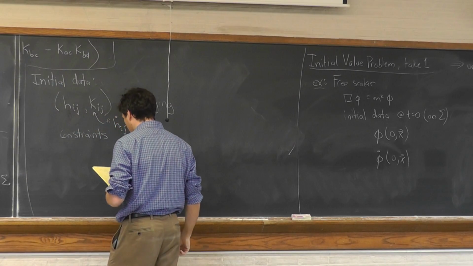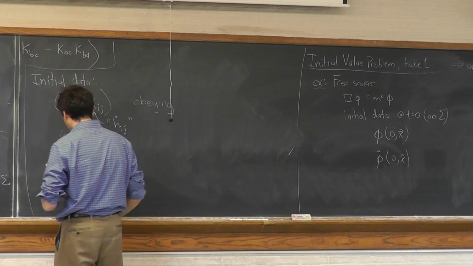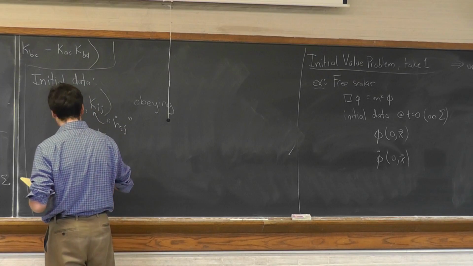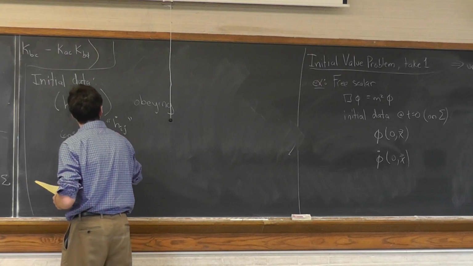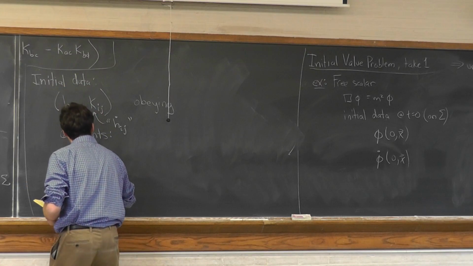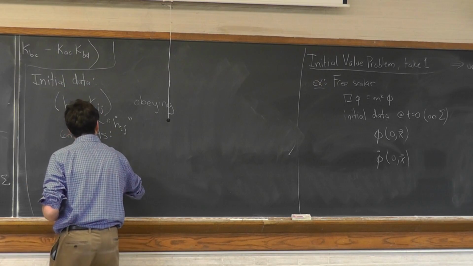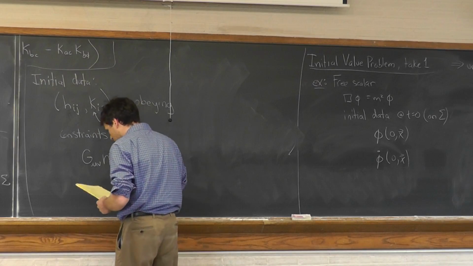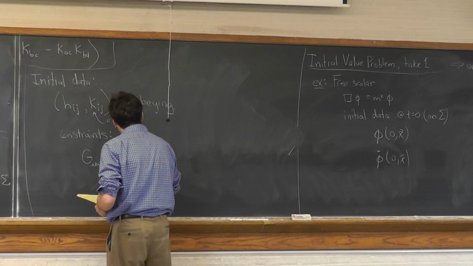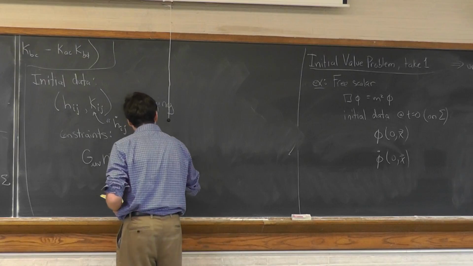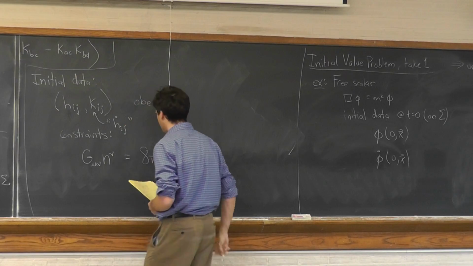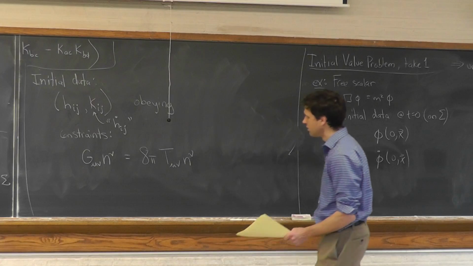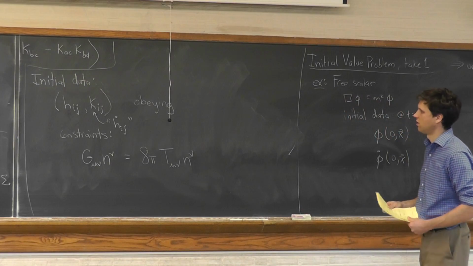So the constraint equations are G mu nu n mu n nu is equal to 8 pi T mu nu n mu n nu. So what is going on here?